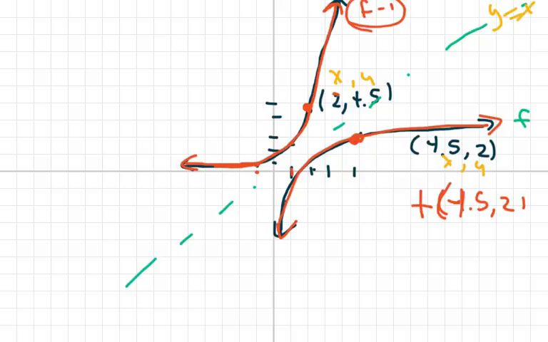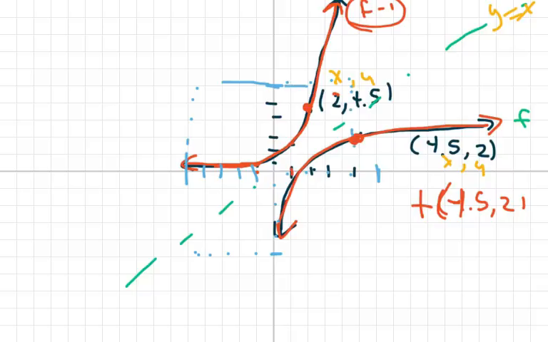However, they want you to graph between -5 from here to 5, and the range is from 5 to -5. And what I do is I tend to draw a little box here.